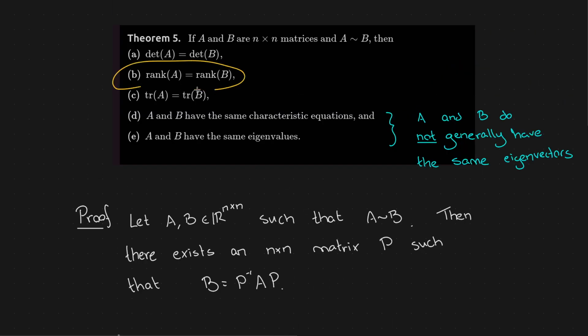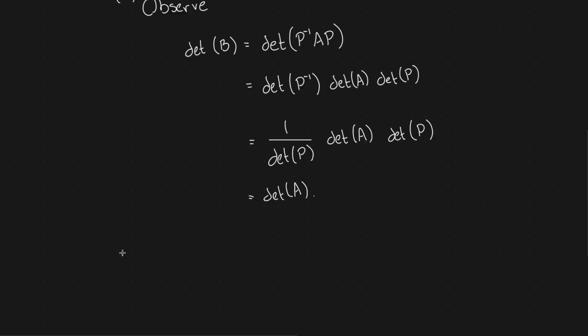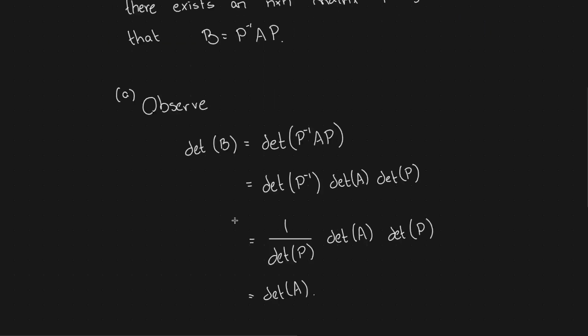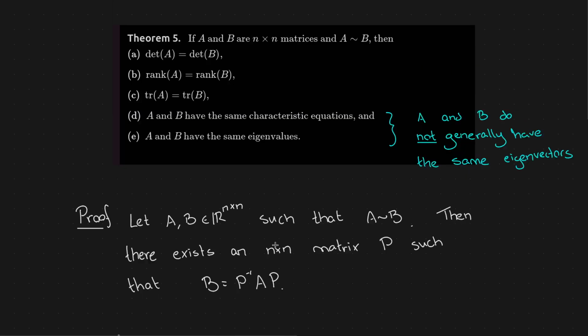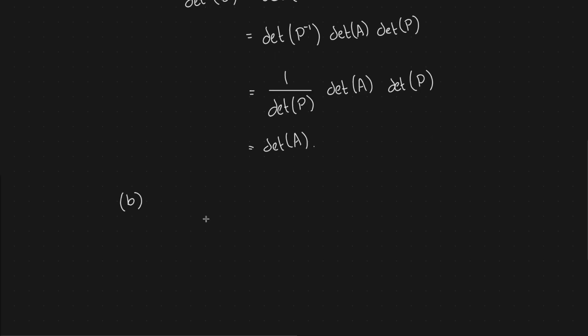B might be the trickiest one to understand. We want to show that the rank of A and the rank of B are equal. All right? So we're going to use elementary matrices here.